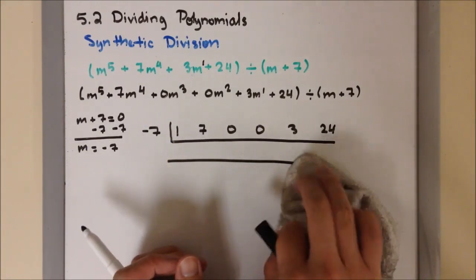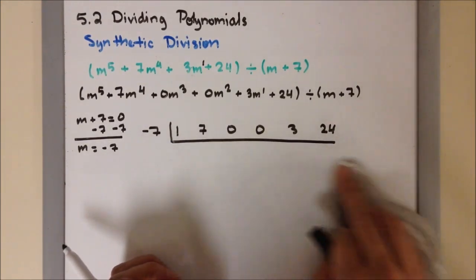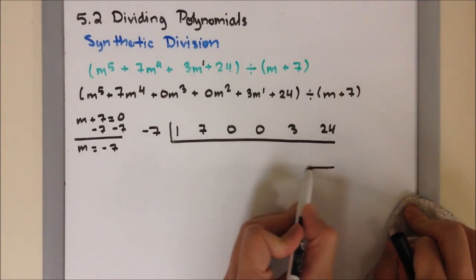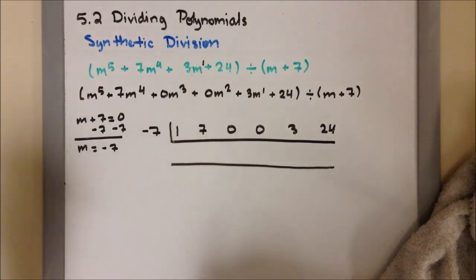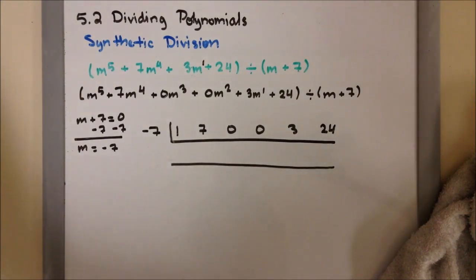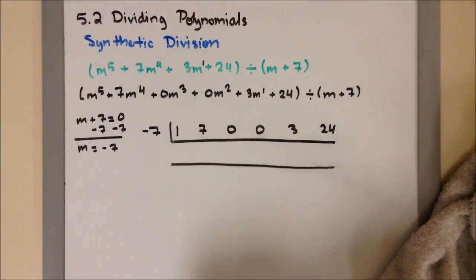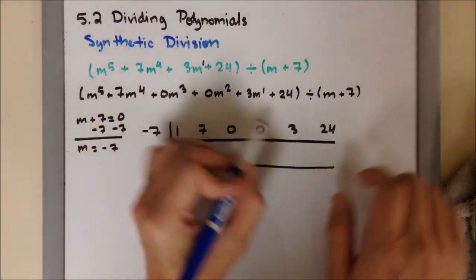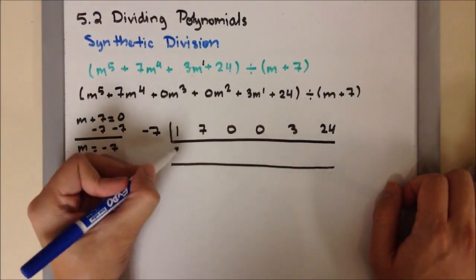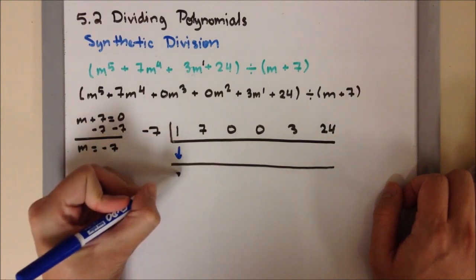Let me redo that one. Alright. So again, I pull the numbers from the coefficients over here. So I bring down the first number, 1.